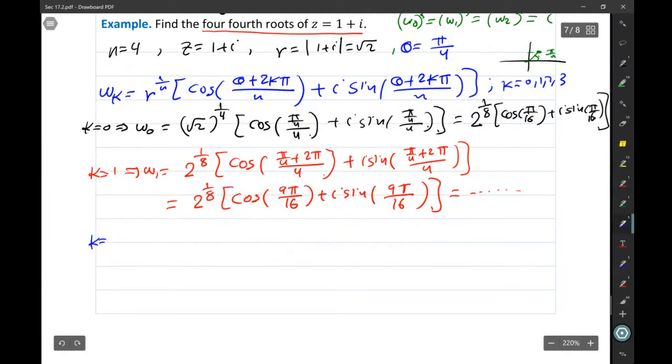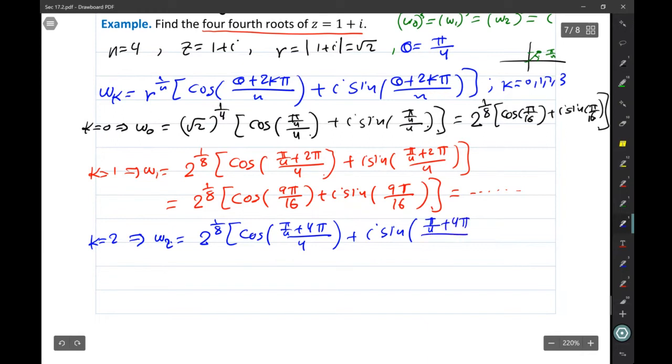Now when k is equal to 2, W2 equals again 2 to the power 1/8 times cosine of (π/4 plus 4π/4) plus i times sine of (π/4 plus 4π/4).